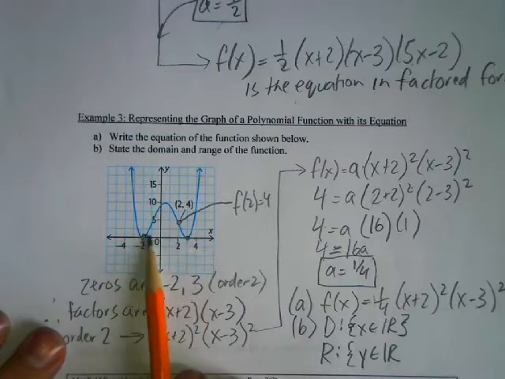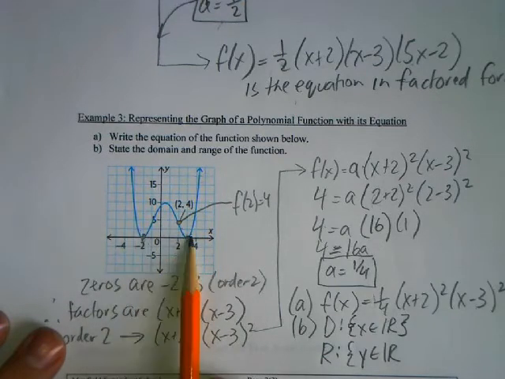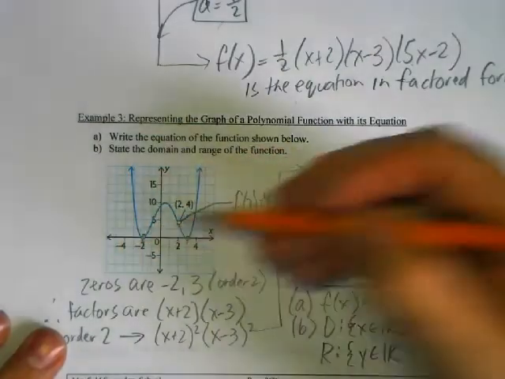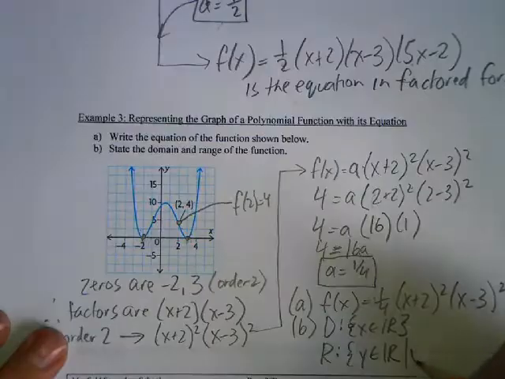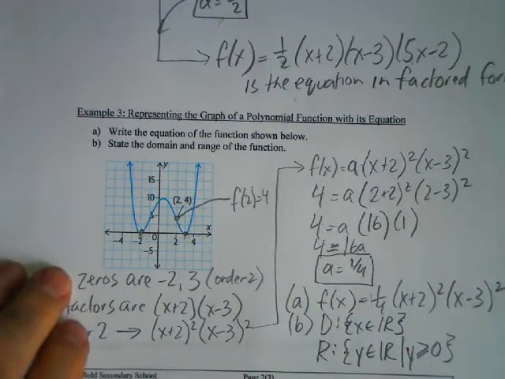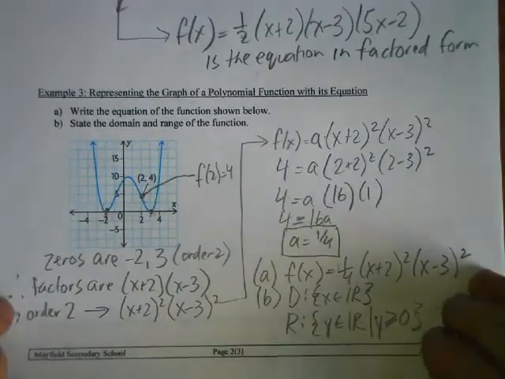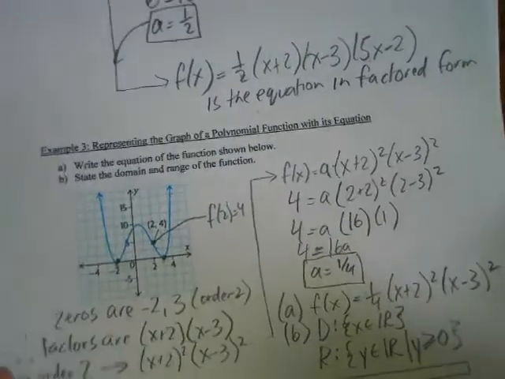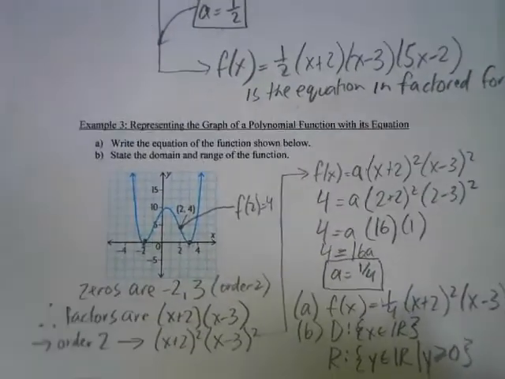Since it does have a minimum, and both of these are at 0, we can see that every value of y for this function is greater than or equal to 0. Okay, hopefully that makes sense. So those are kind of fun questions to do. Just pull out the information from the graph to create the equation.